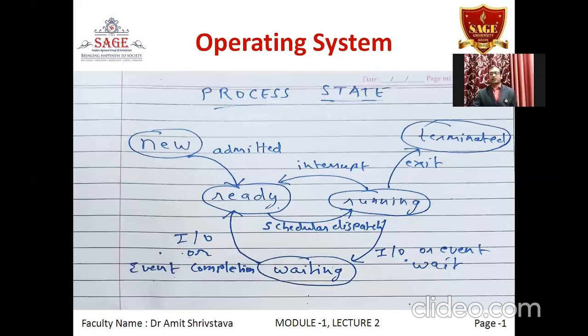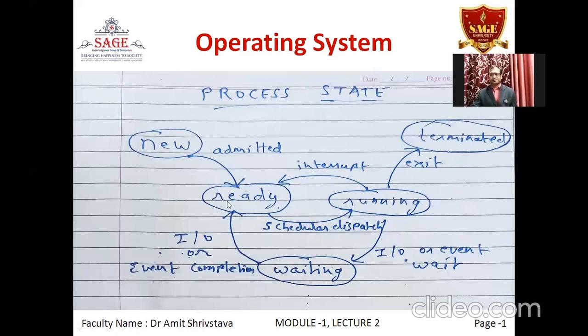Then the CPU will choose one process out of those 10 processes to bring it into the running state. Now, the criteria on the basis of which the CPU chooses a process from the ready state and brings it into the running state is based on the CPU scheduling algorithms, which we will be studying in our upcoming lectures.